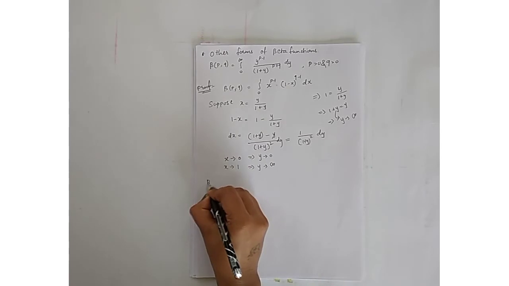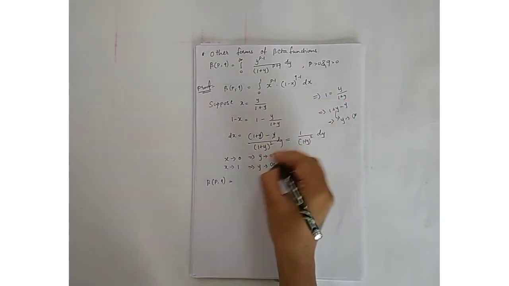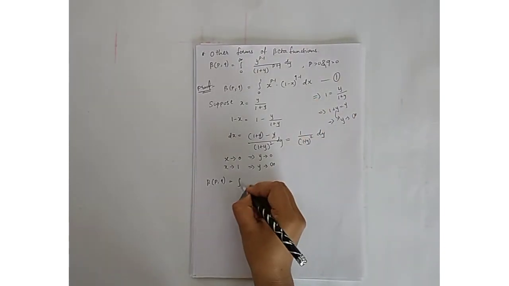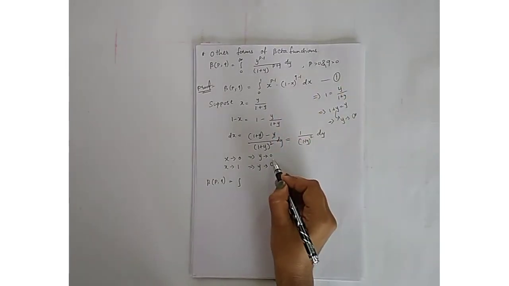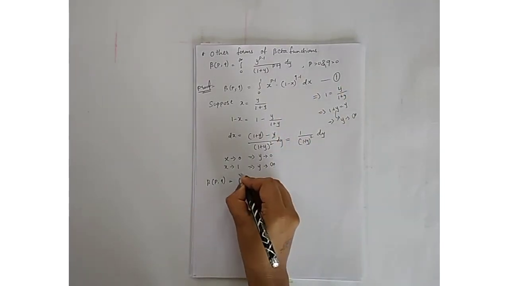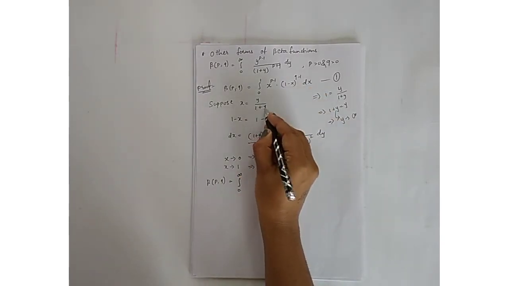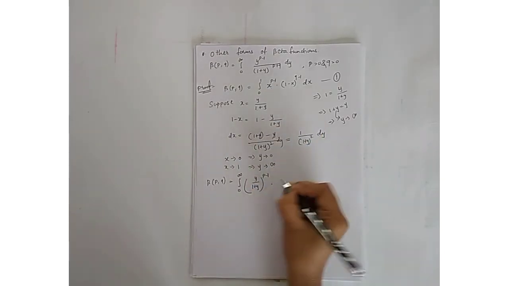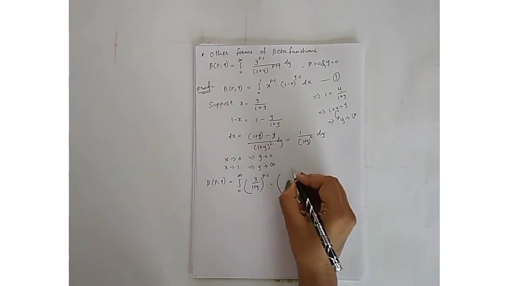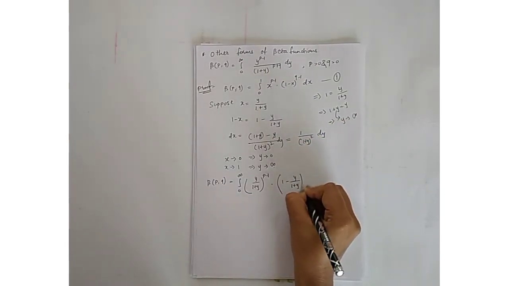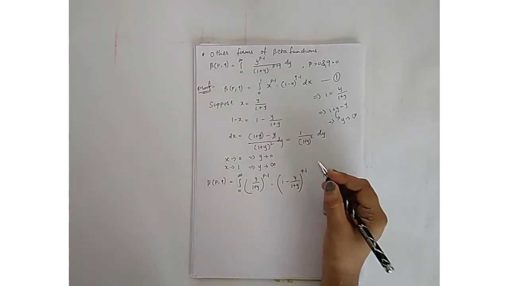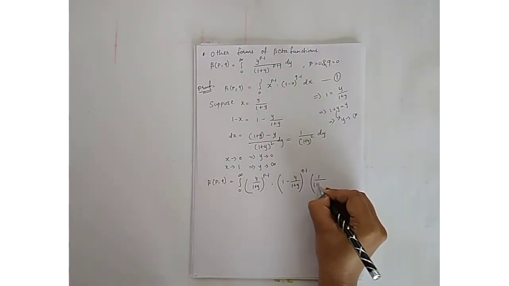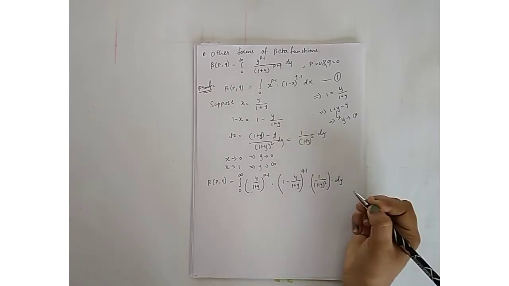So beta(p,q), putting all this in equation number 1, will become the integral with limit 0 to 1 changing to 0 to infinity. x is equal to y upon 1 plus y, so (y upon 1 plus y) to the power p minus 1 into 1 minus x, that is (1 minus y upon 1 plus y) to the power q minus 1, and put the value of dx, that is 1 upon (1 plus y) whole square into dy.